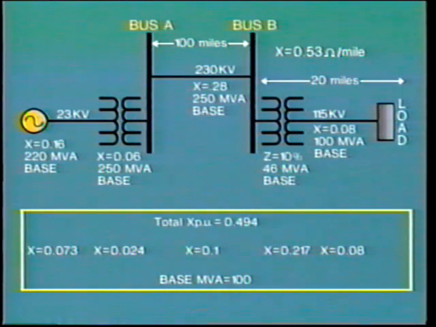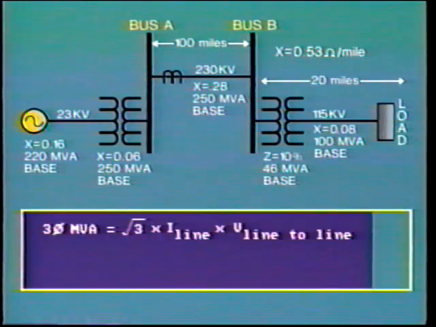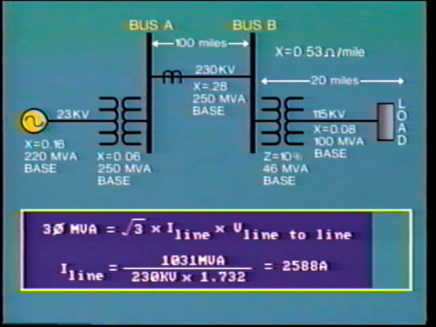But what does this mean in terms of current as measured by CTs in the 230 kV line? Remember, three-phase MVA equals √3 times line current times line-to-line voltage. In each phase, the CT would measure line current, that is 1,031 MVA over 230 kV times 1.732 equals 2,588 amps.